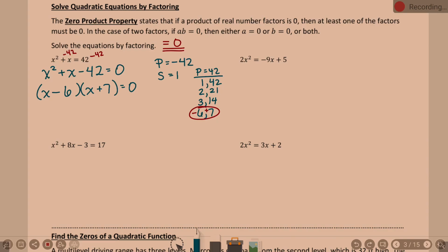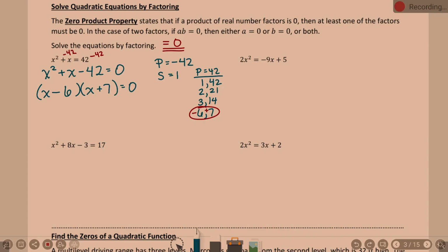I'm not done, am I? I factored, but there's an equal sign in this equation, which means I need to go until I get x equals. What's the step we do here? We have our two factors: x minus 6 times x plus 7 equals 0. What does the zero product property say?